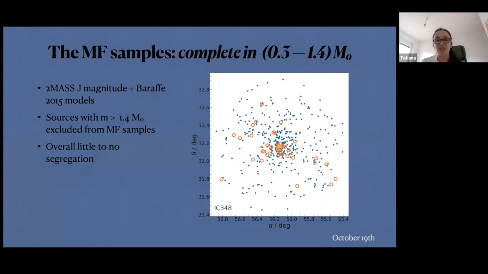Here, in the interest of whether we see any mass segregation in the cluster, I plot in orange the sources that are excluded from this analysis for the mass function. And we see that there is some segregation in IC348. These orange ones here are basically sources that would have a mass higher than 1.4.